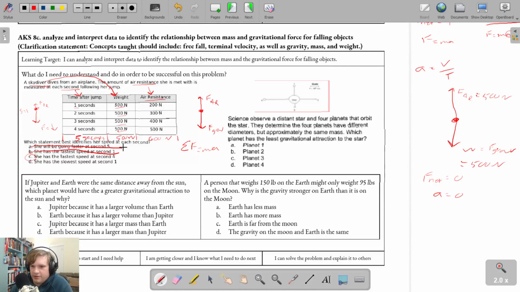Now, doesn't air resistance slow you down? Eventually, yes. But what matters is the direction of your acceleration. As you go through here, you care about your net force. Your weight, that's our force grav, is going down, 500 newtons. That is a net force of 300 down, net force of 200 down, net force of 100 down, net force of 0. So while these are technically slowing you down, they're not actually slowing you down.